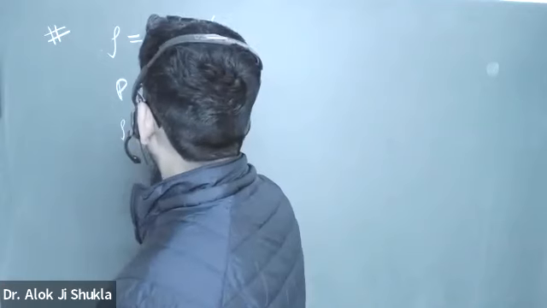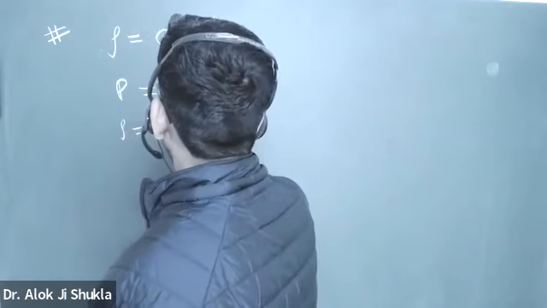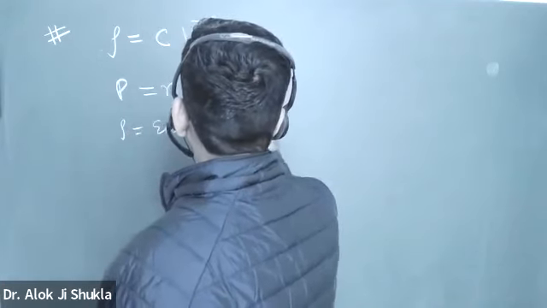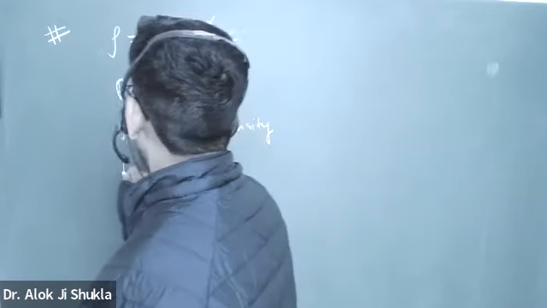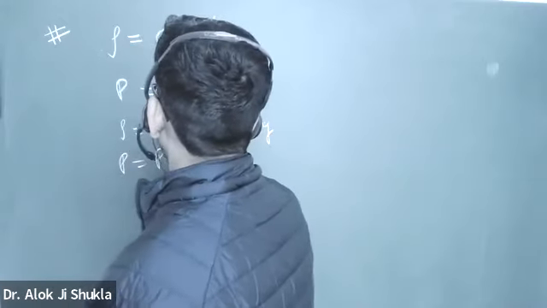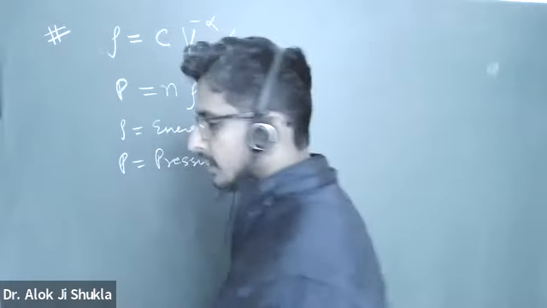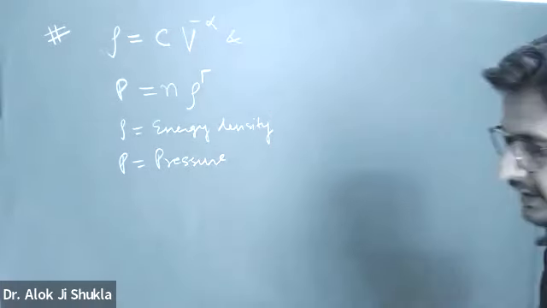Rho is energy density and P is pressure.